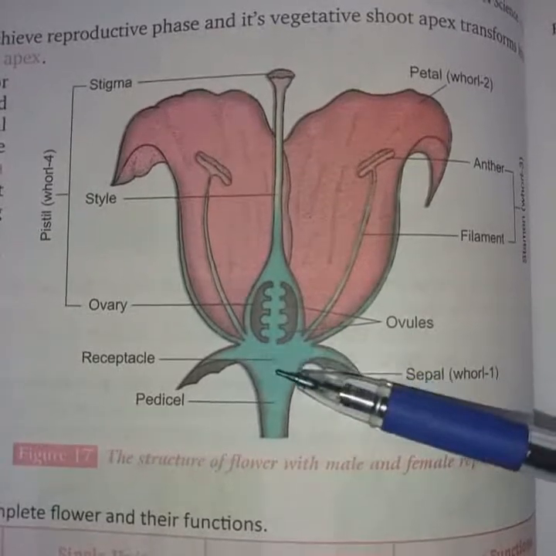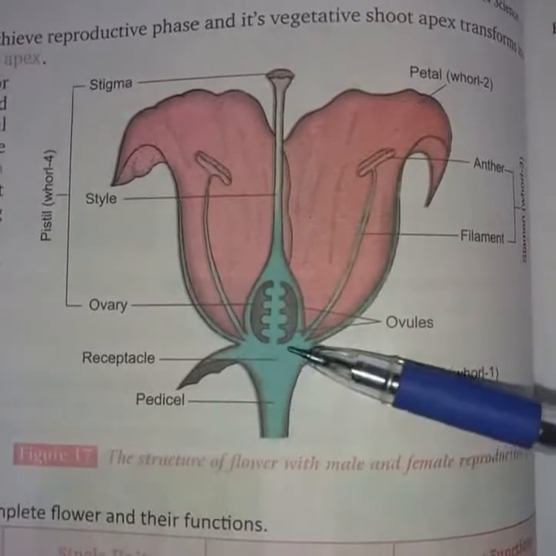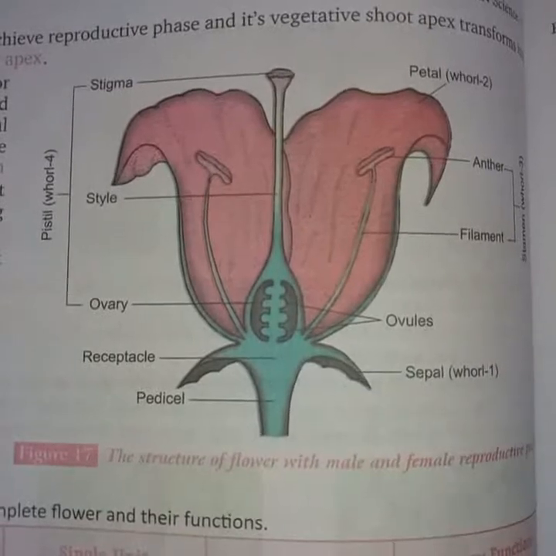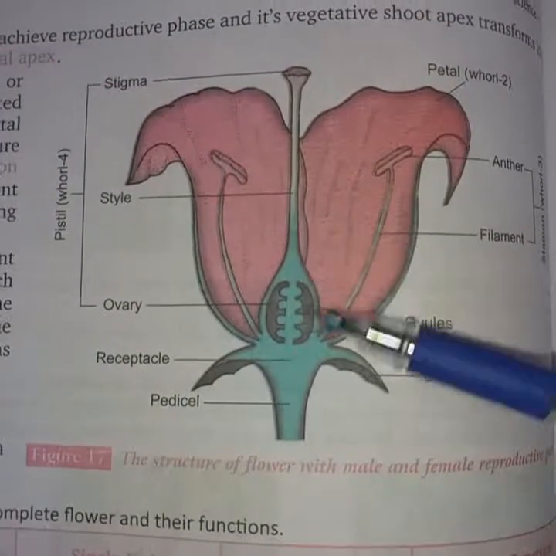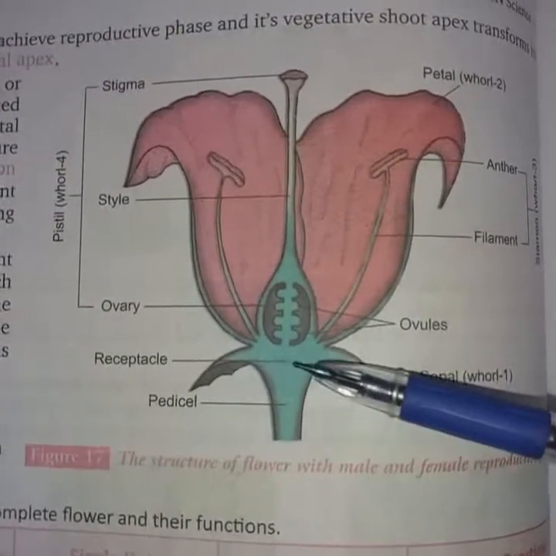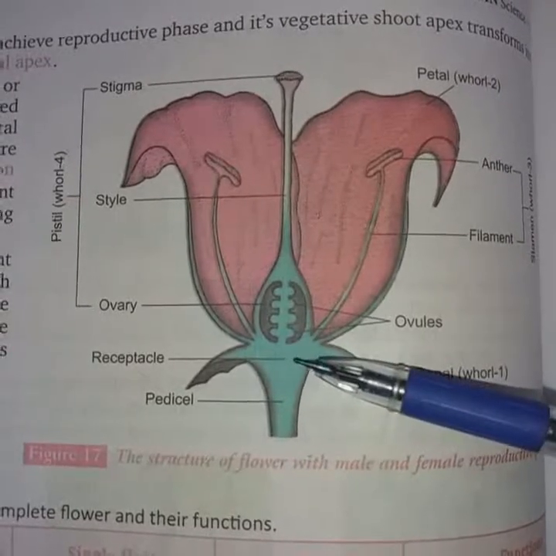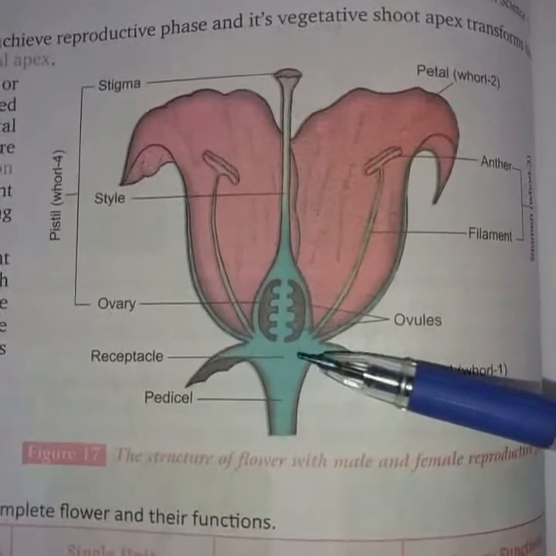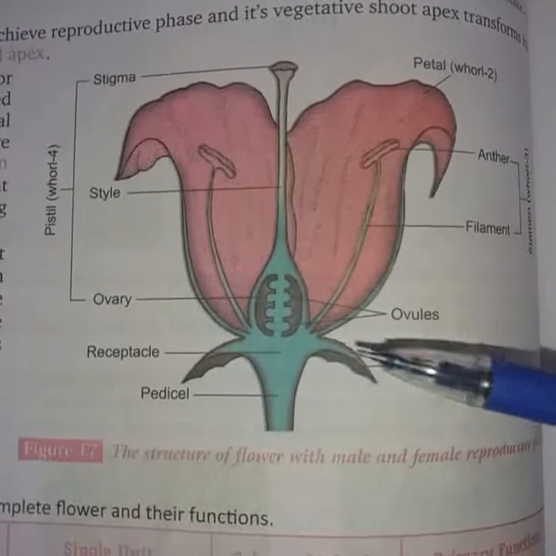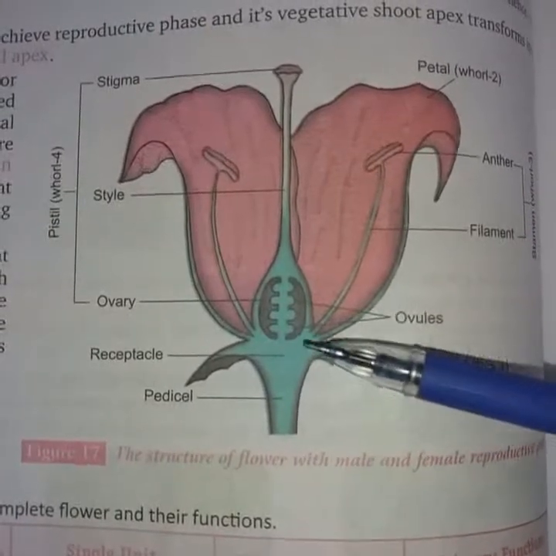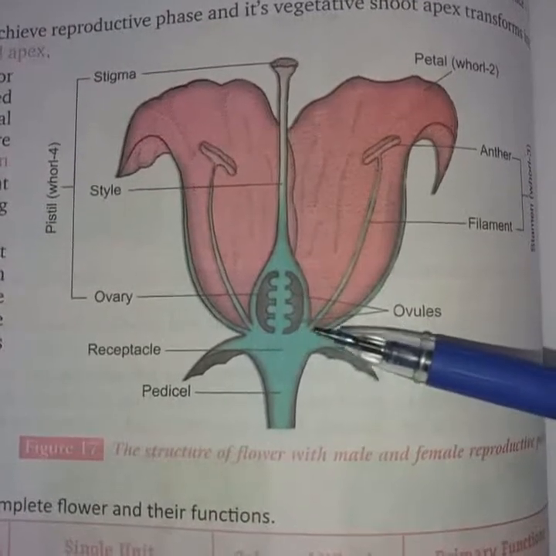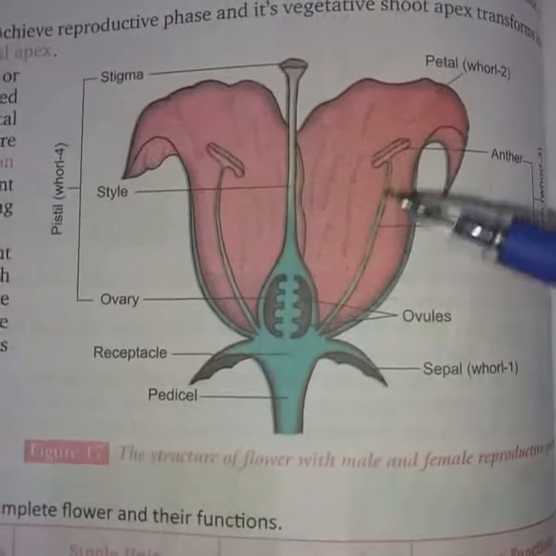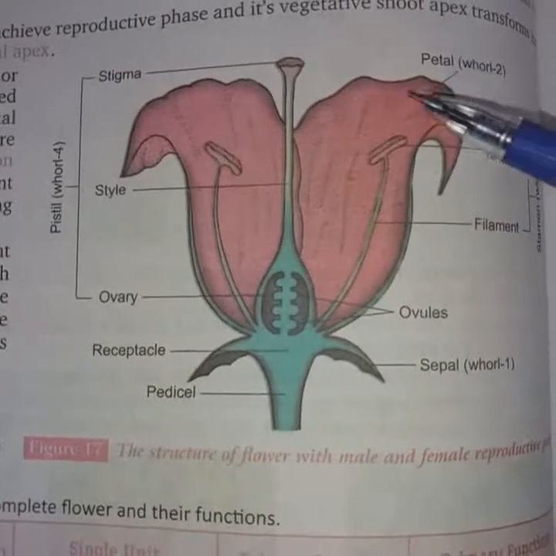The middle part of the plant flower is called the receptacle. It is the base of the flower. Above the sepals is attached a colored part which is called the petals.